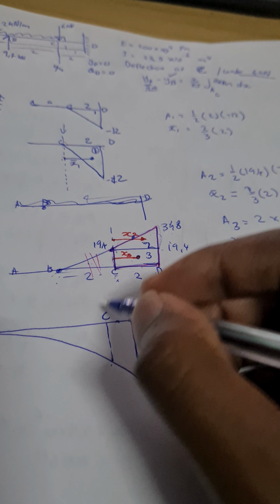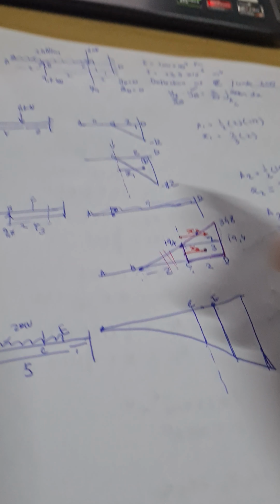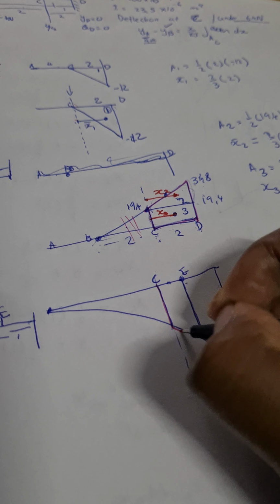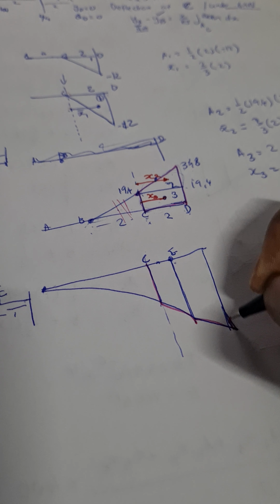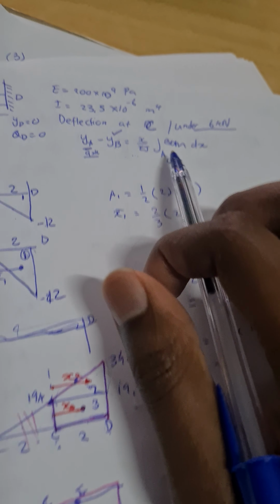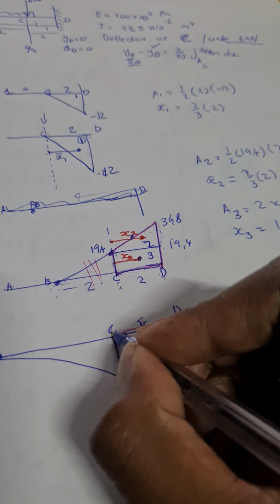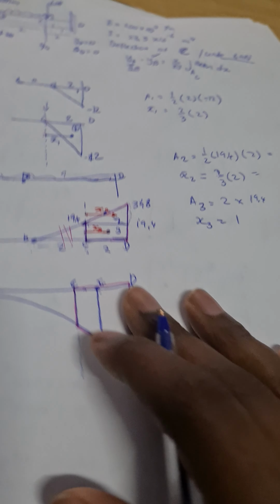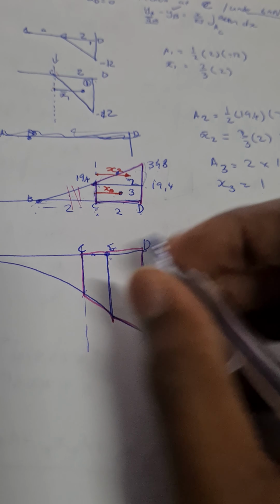If this is our C, from here we are dealing with a curve here, this area. Why? Because the integral says from A up until B, so in this case it's from C to D, because they ask us the deflection at C. So we are focusing only here.